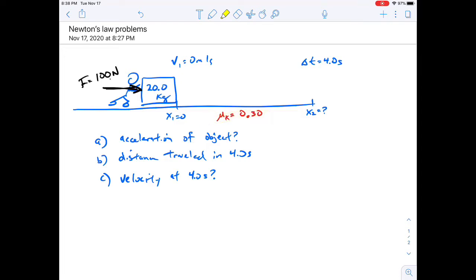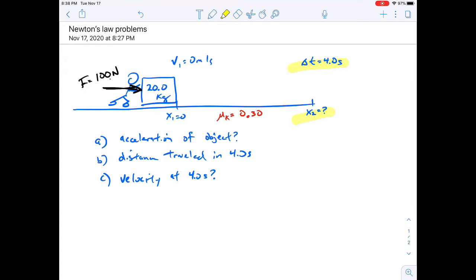And we know we're going to be asked about what's happening after 4 seconds has passed, and perhaps even how far it went after those 4 seconds. So we have a lot of things that we're going to consider here.